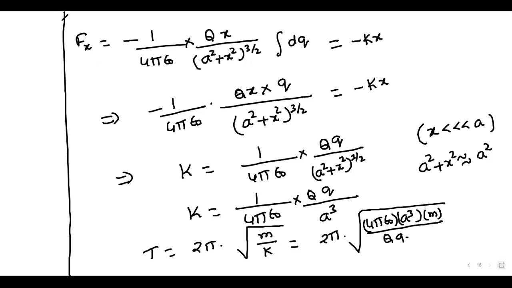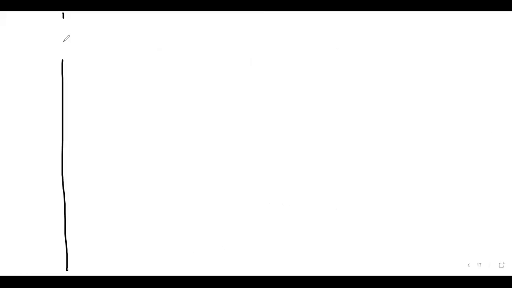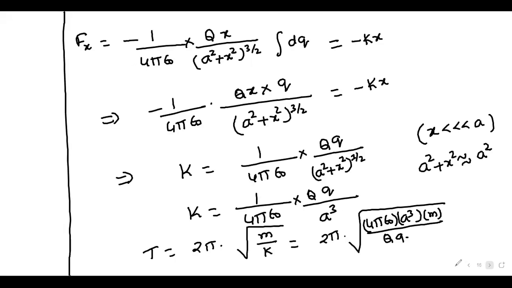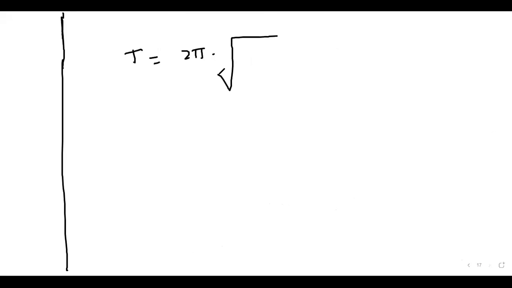So the time period of oscillation is given as T is equal to 2 pi times under root 4 pi epsilon naught m a cube by capital Q times small q. That is our time period of oscillation.